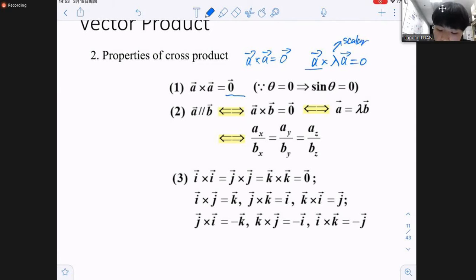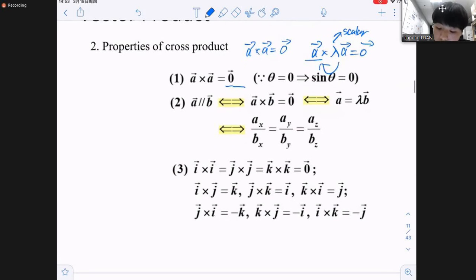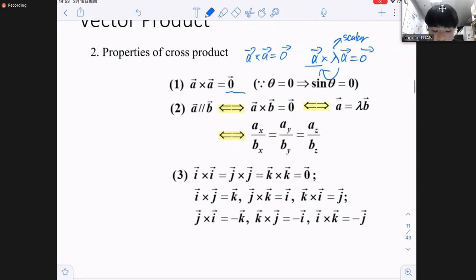So if A is crossed with something parallel to itself, you have the 0 vector. And if A is parallel with B, then A cross B is 0. Also, you can say that A is lambda times B.